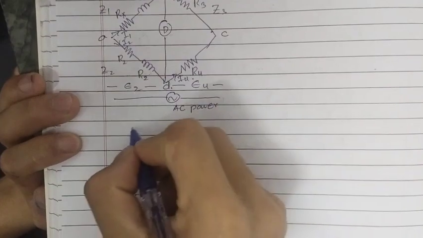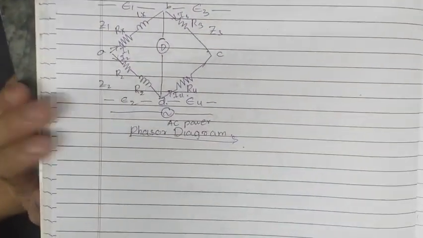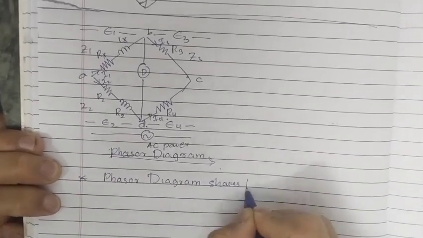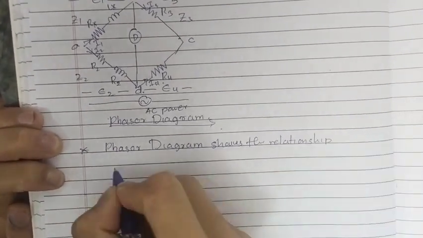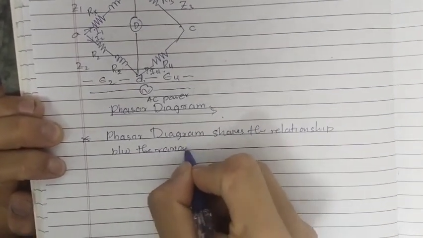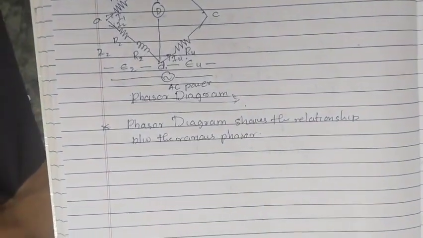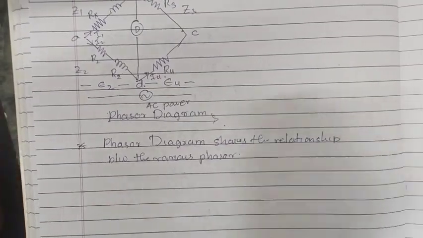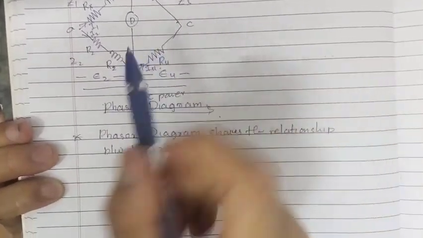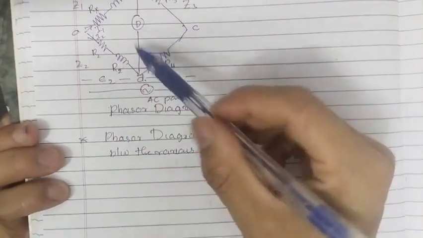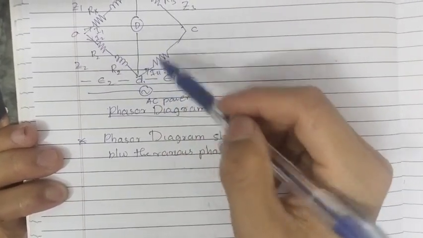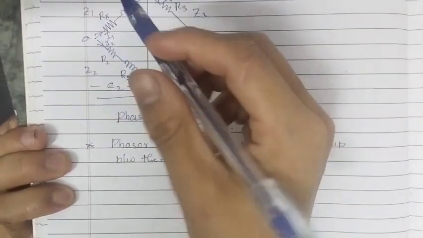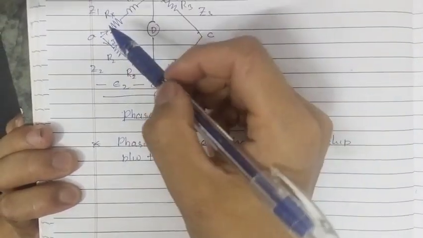Now let us see the phasor diagram. The phasor diagram shows the relationship between the various phasors. Since the Maxwell inductance bridge is connected to the AC power, we definitely know that there will be current and voltage.